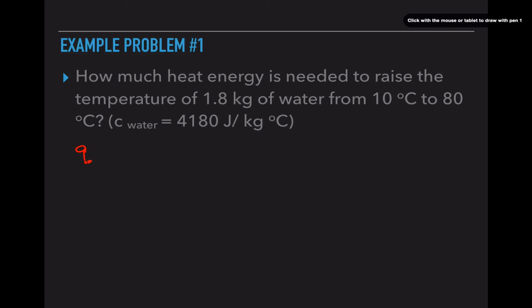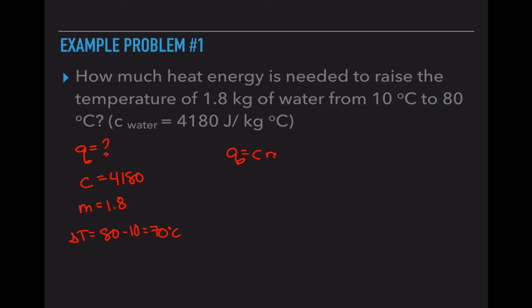I have Q as my question mark, c equals 4,180, m is 1.8, and delta T is Tf, which is 80, minus Ti, which is 10, which is 70 degrees Celsius. And Q equals c m delta T.